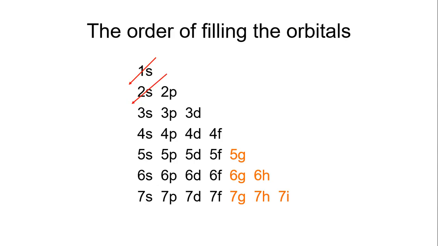It goes from upper right to lower left. The next 6 electrons, 2 in each one of the 3 orientations, would be in the 2p. And then after that, the next 2 electrons would be in the 3s, and so on and so forth.